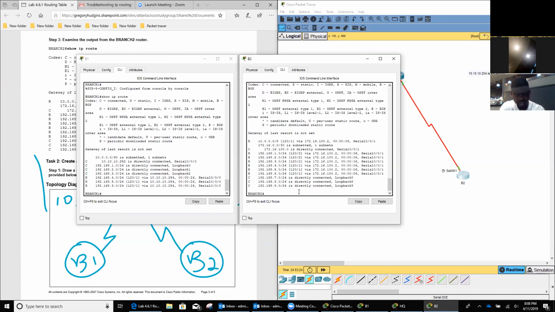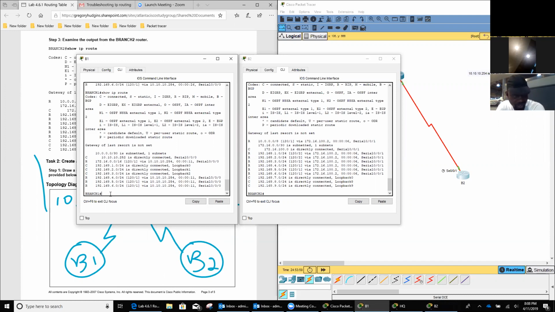Now you see you learned all the networks 1 through 6, right? All the loopbacks 1 through 6 you learned. But if you go to branch 1 and type show IP route, he doesn't know about 7, 8, 9, which are on your router. So he only knows about the loopbacks that are on router 2.